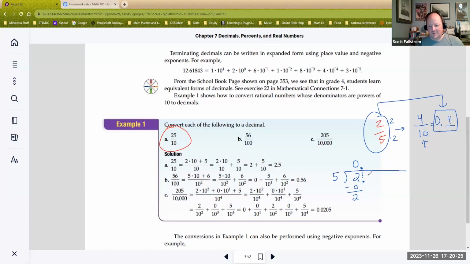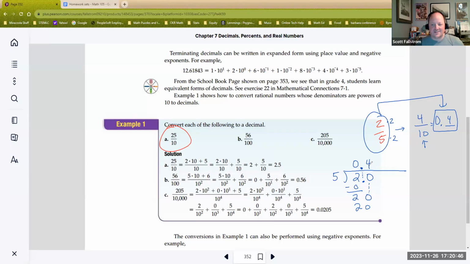Well, think about it. If we come to the next place value and we continue with our same process, the number 2 is the same as 20 tenths, right? Okay, so 20 tenths, when we say divide by 5, 5 goes into 20 4 times. 4 times 5 is 20.